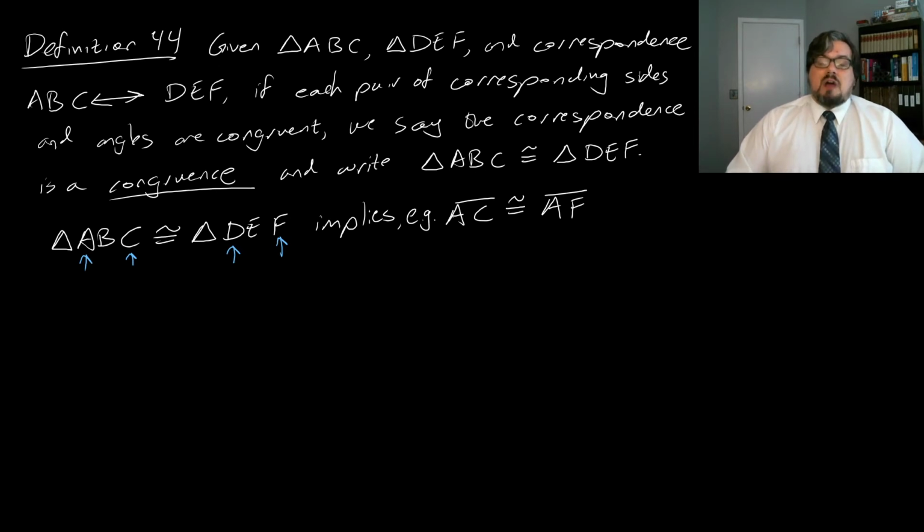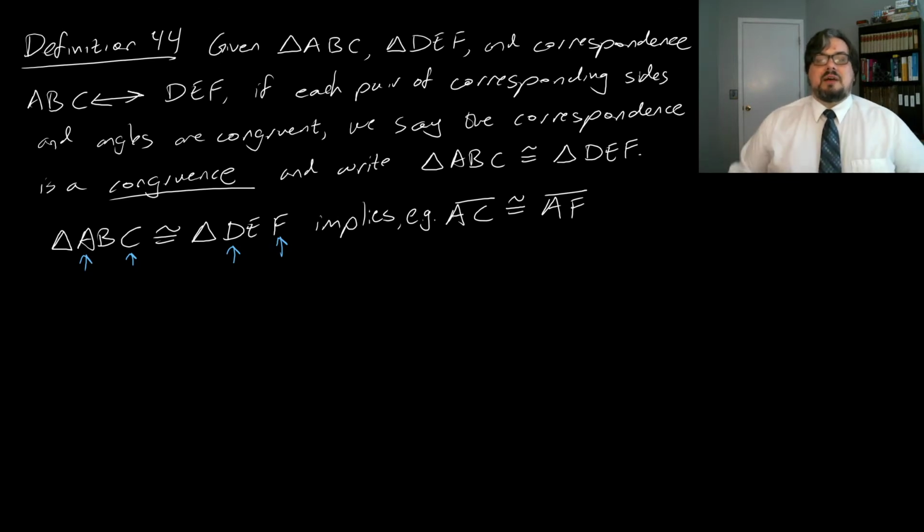So even though a triangle can be written in multiple different ways, triangle ABC and triangle BAC are the same triangle, when we go to write down the congruence between triangles, we need to make sure that we have the order correct, because the order can matter.